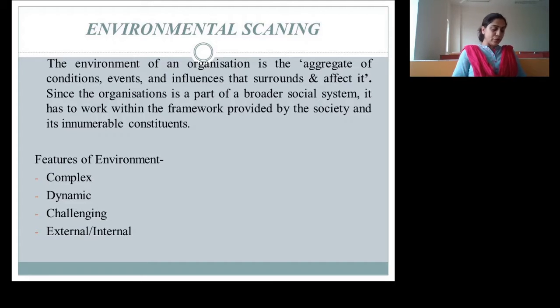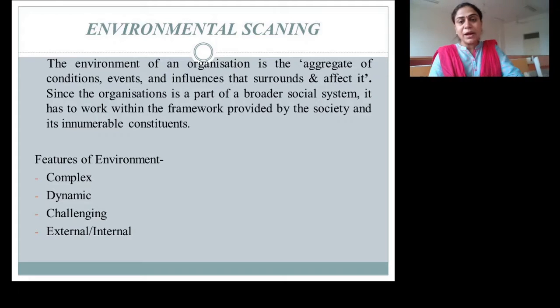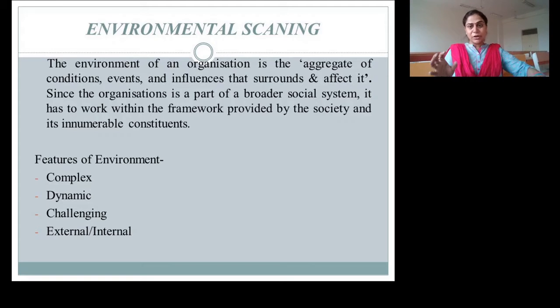Moving on to the micro environment, the word micro comes from a very small aspect. The microenvironment is the relevant environment, and it has a substantial impact on the organization's current business developments and strategy decisions.